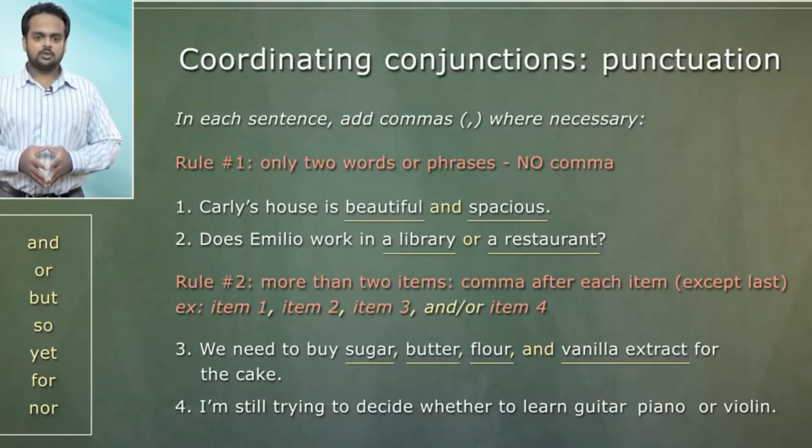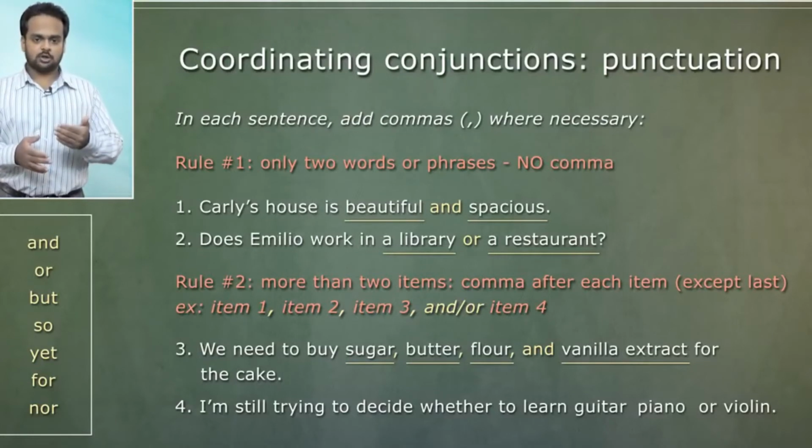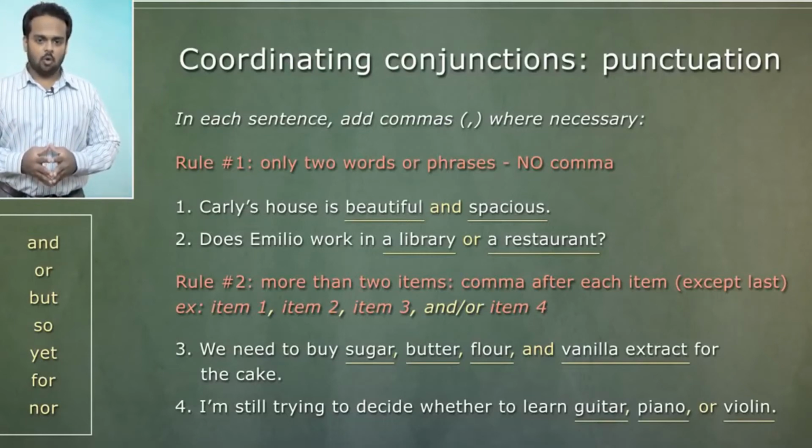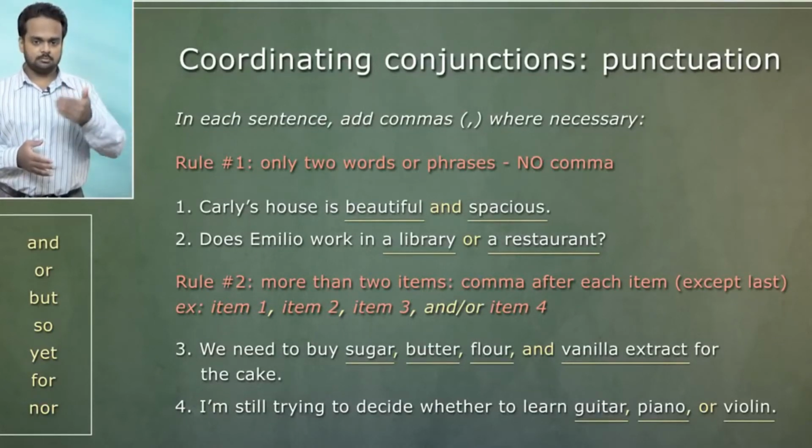Notice that there is a conjunction and before the last item, and the comma goes before the conjunction. Similarly, in number 4, there is a list of 3 items: guitar, piano, violin. This time the conjunction is or, and just like in the previous examples, we use commas to separate the items, and the last comma goes before the conjunction.